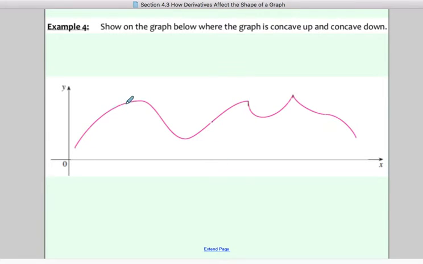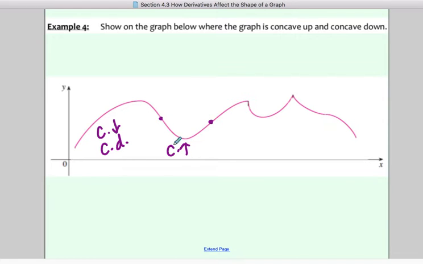All right, so I'm looking here. I would say roughly to about here maybe is where it starts to change. You should be able to see that this is concave down, or you call it concave down, either way. It has that downward turn to it. And then from here to here, I would say that this is concave up.